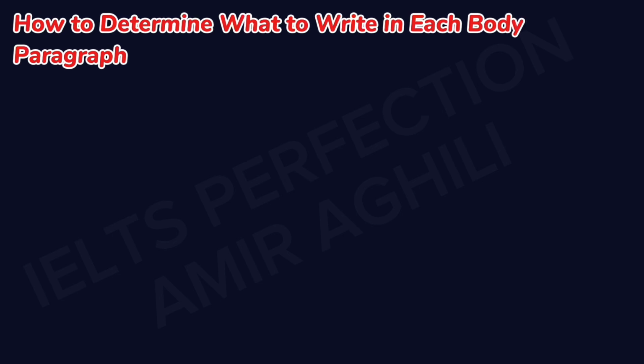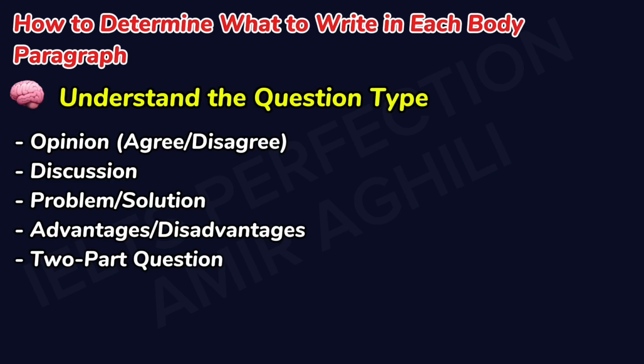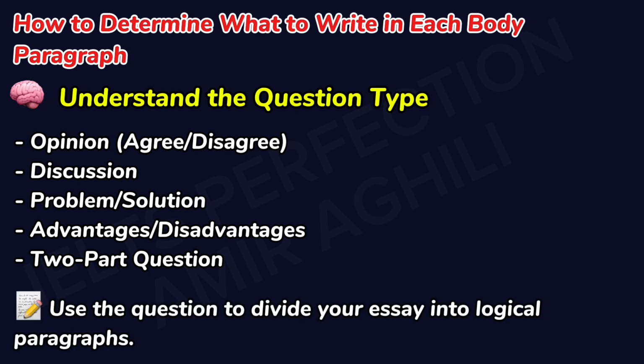The first step is to determine what to write in each paragraph. So, we need to understand the question type first. There are different types of questions: opinion, discussion, problem or solution, advantages or disadvantages, and 2-part questions. So, based on the question type, you can divide your essay into logical paragraphs.